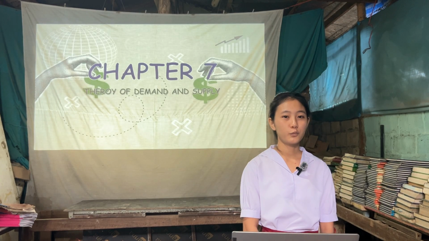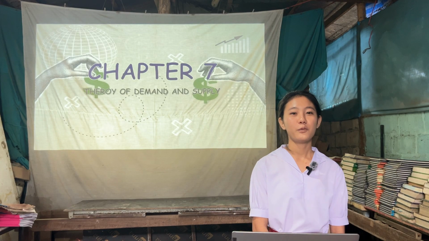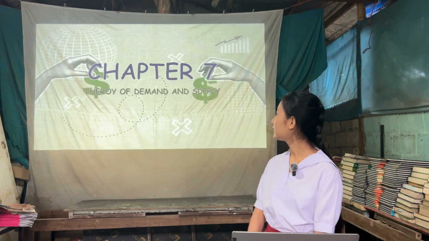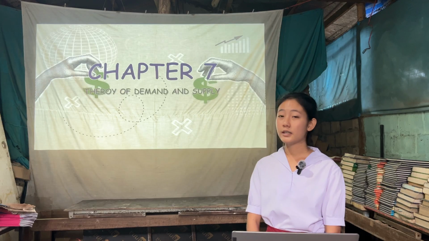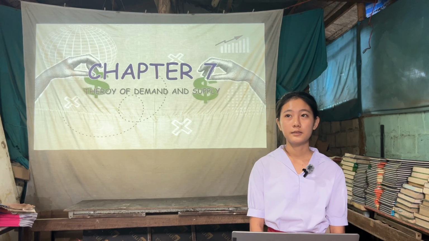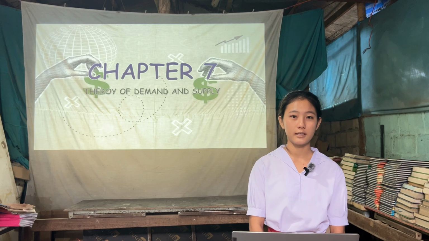Today we are going to present chapter 7, which is about the theory of demand and supply. The theory of demand and supply explains how the customer and seller interact in the market.